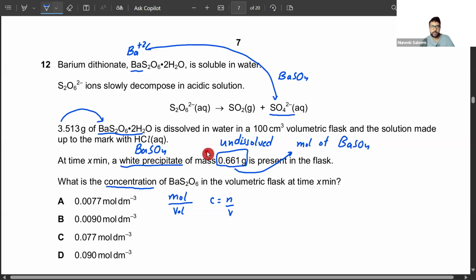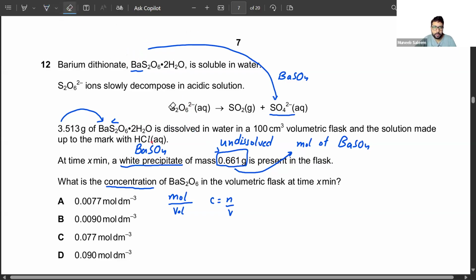We need these two different moles because we cannot subtract these two values from each other, as we would basically be reducing the amount of barium dithionate, and that cannot be done because it involves two steps. The first step involves the solubility of the barium dithionate, and the second step involves the reaction of S2O6 2 minus with acid. So basically, we require the moles of two different compounds.